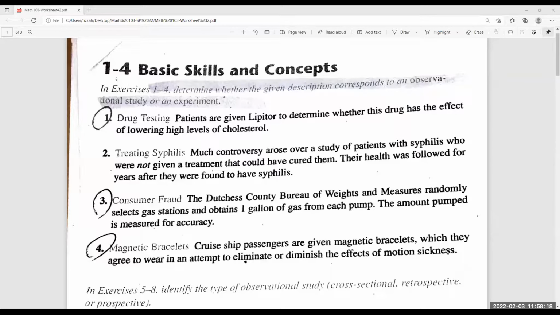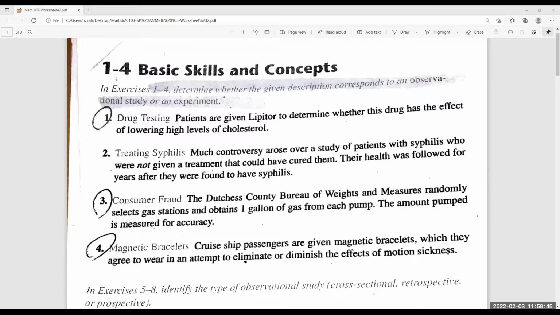Observational one, you observe and you make a note. But experimental one, you have to design an experiment. You have to apply something, give some treatment to be able to get this number. Okay, the first one is like the one that I did. Patients are given Lipitor to determine whether this drug has the effect of lowering high levels of cholesterol.